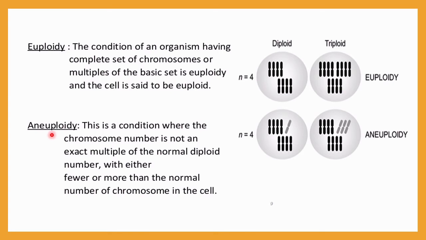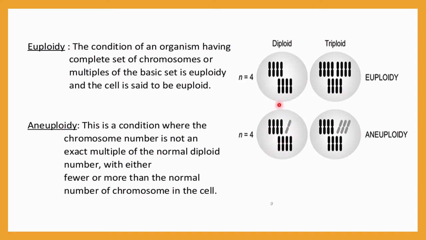Next is aneuploidy. Here there is some difference from euploidy. This is the condition where the chromosome number is not an exact multiple of the normal diploid number. Only one chromosome may be added, or two, or three, not all the copies.